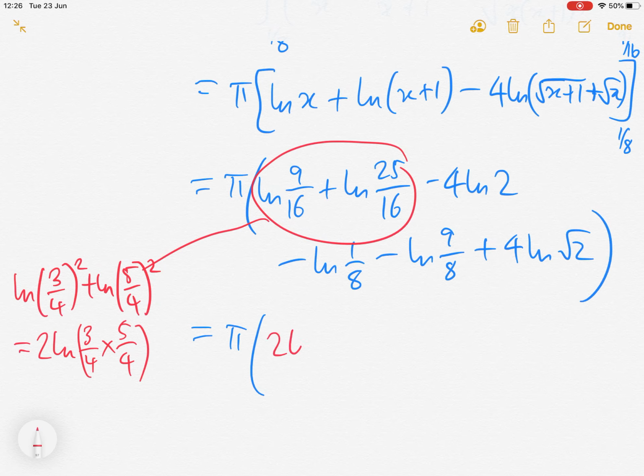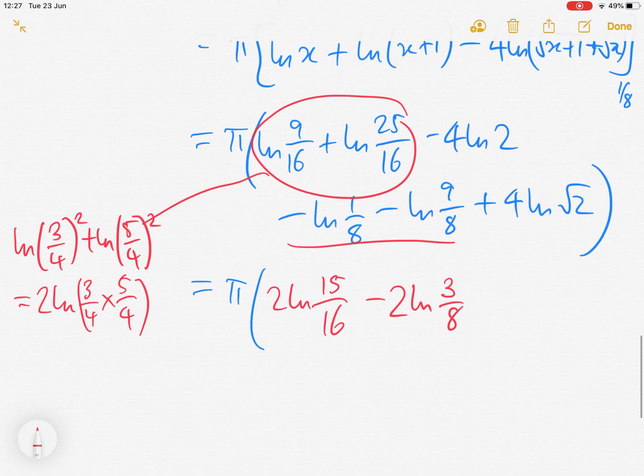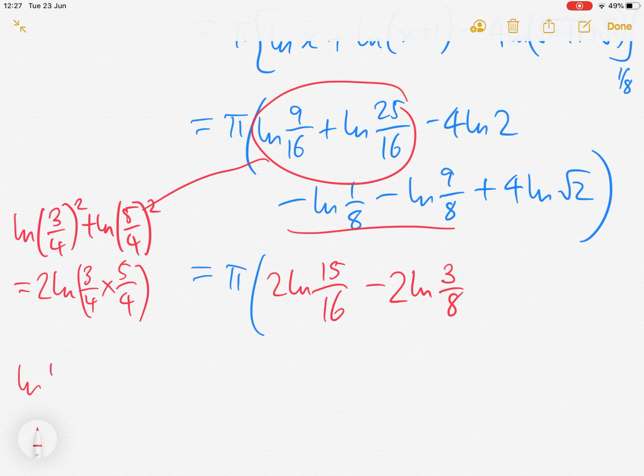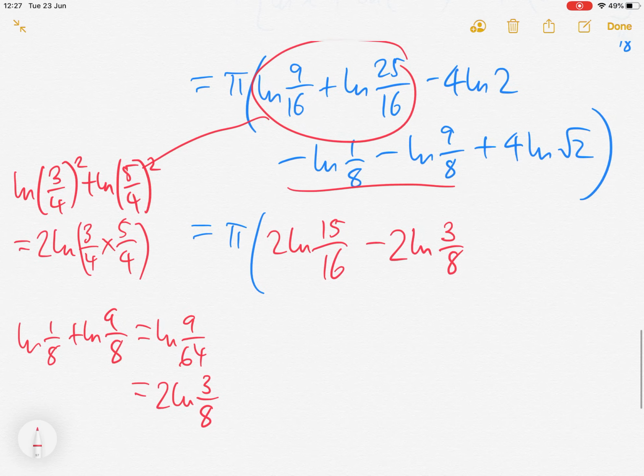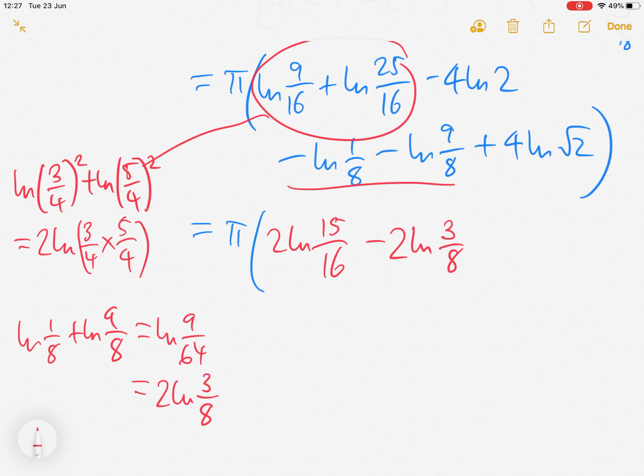So this term is 2 log of 15/16. And then let's look at the 1/8 and 9/8. Similarly, if I combine those together, I'm going to get minus 2 log of 3/8, I believe, because log 1/8 plus log 9/8 is log 9 over 64, which is 2 log 3/8, because 9 over 64 is 3/8 squared.